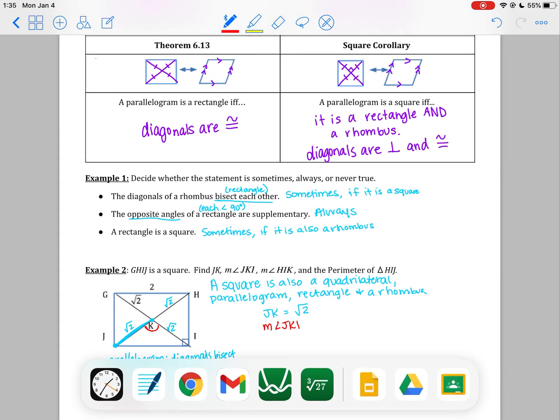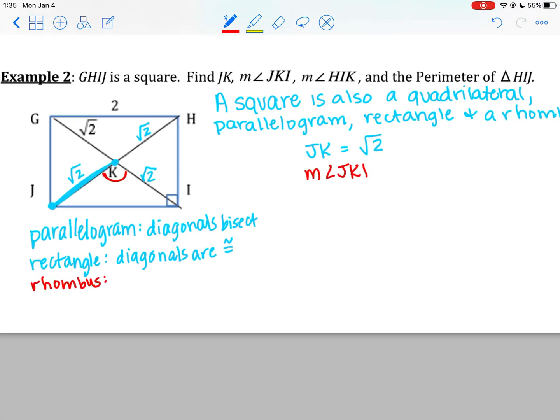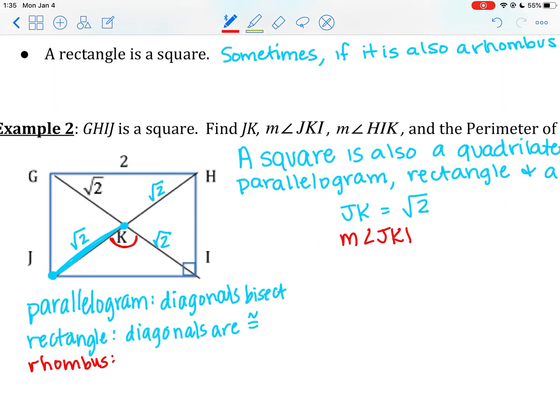So since in a rhombus the diagonals are perpendicular, I know that the measure of angle JKI is going to be 90 degrees. All right, so we've got that one. Since it's 90 degrees, since it's perpendicular, I'm going to change this to this little box. So even though it does not look perpendicular, since it said that it's a square, I know that it is.